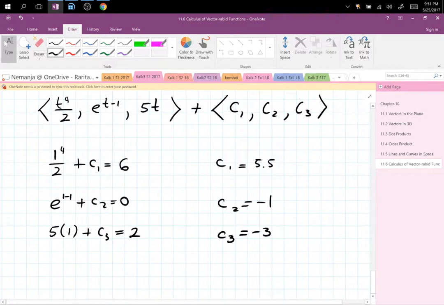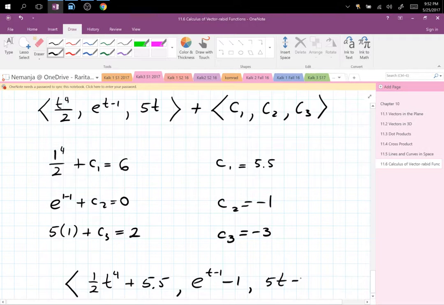So we get to write the final answer as 1/2 t to the 4 plus 5.5, comma, e to the t minus 1 minus 1, comma, 5t minus 3.